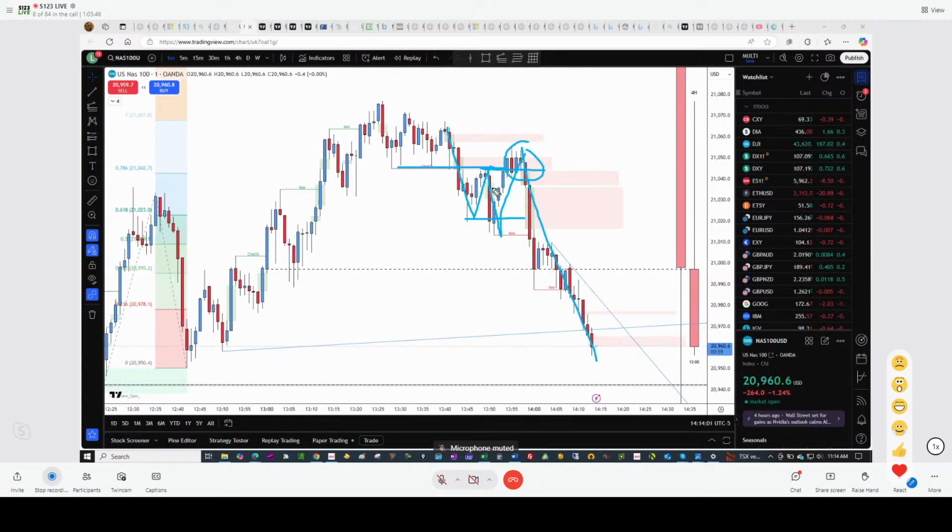So they enticed the traders to go long here, take them all out, and then take them all out again. So people put their stops here, people put their stops here, shorts are here, and they fooled them to go short, and then they fooled them to go long, and leave them all alone in the dust. So we're not getting any retraces now.